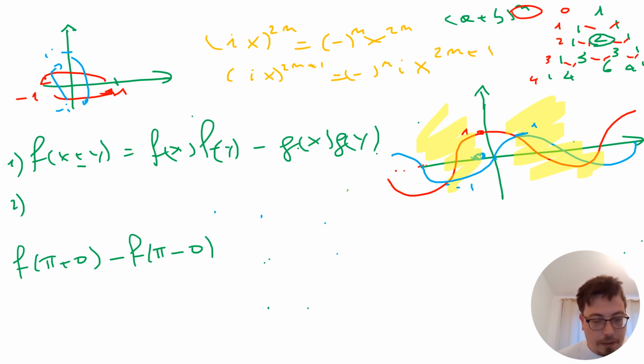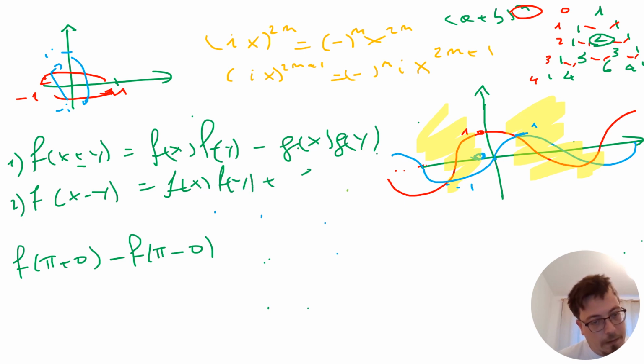Let me write explicitly the one that I'm going to use, which is this one, okay, with a plus and g of y, and this is a plus. Fantastic. Okay, so now you see where I'm going with this. f of pi plus x, pi minus x, which is 0, which is equal actually to minus 2 times g of pi times g of pi.